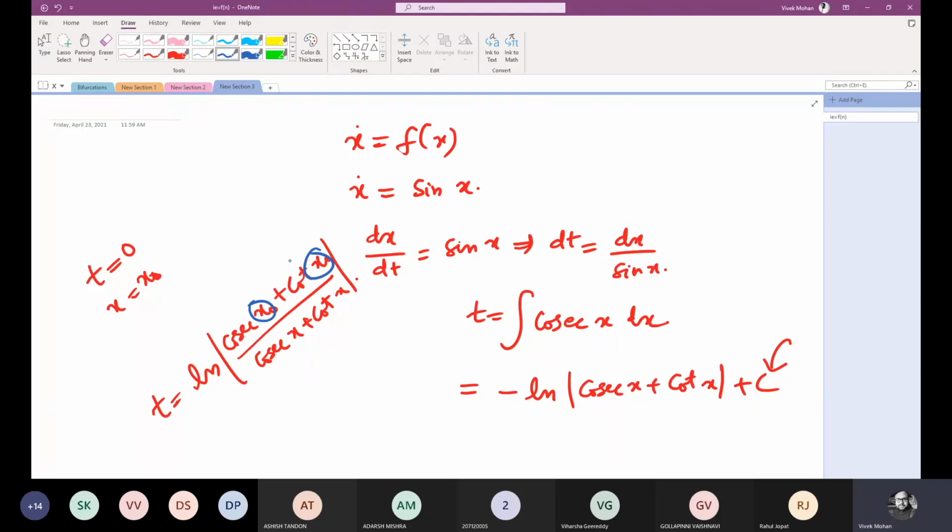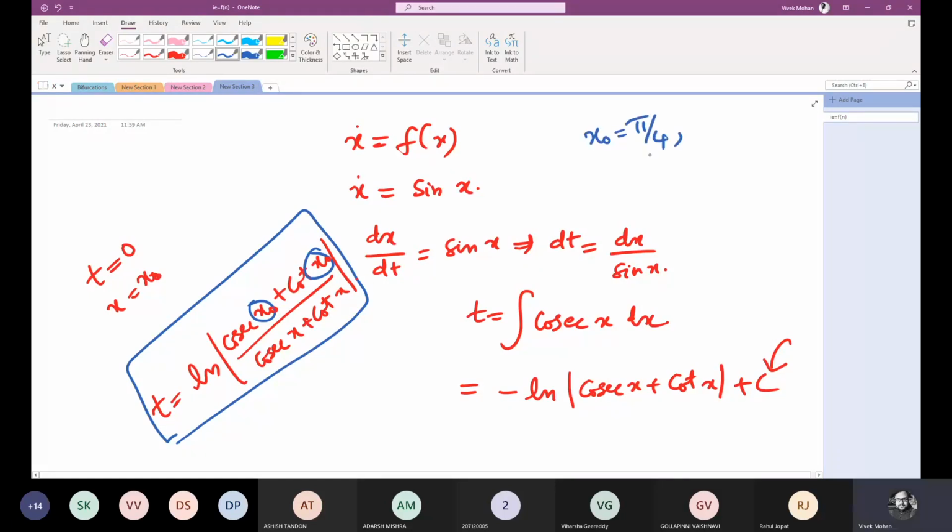We'll see how it is. Now, let's see another interesting thing with this solution. Suppose your x naught equals pi by 4. Describe the qualitative features of the solution x of t for all t greater than 0. What is our solution? X of t. It's a time series, x of t. So your t is now dependent on x naught, right?